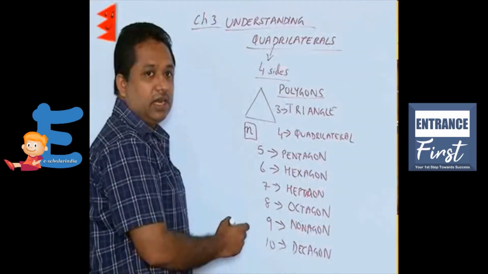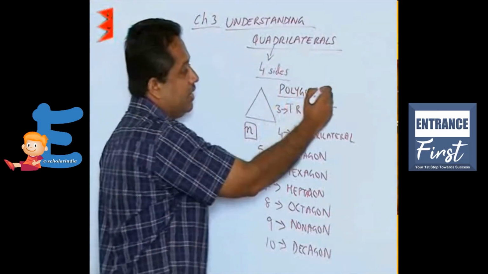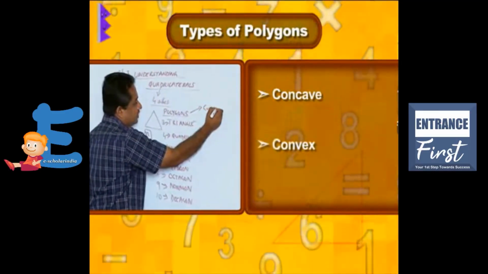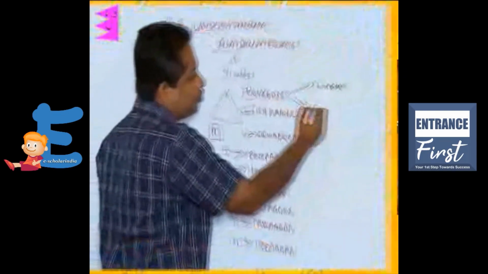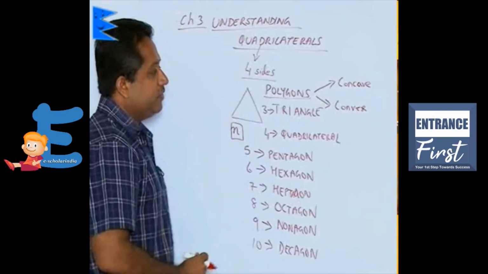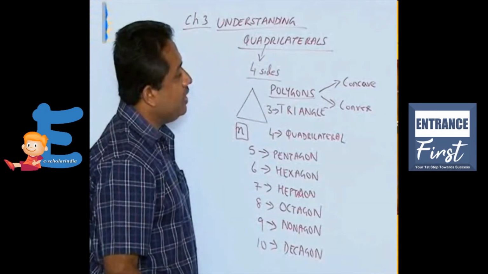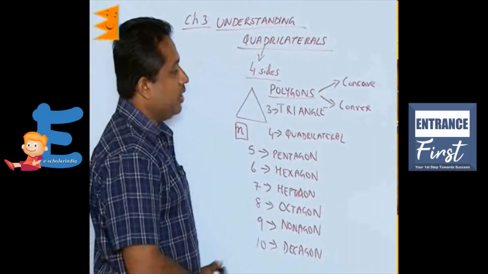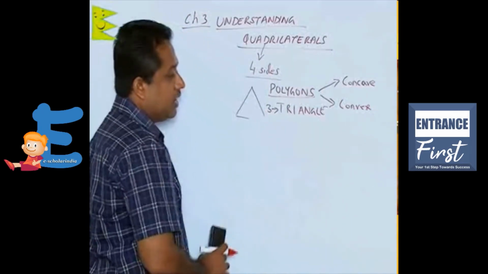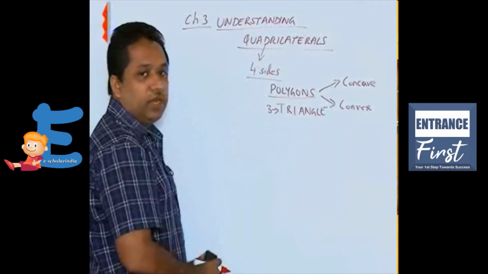Now basically we can classify polygons as either concave or convex. How do we distinguish between concave and convex polygons? The simplest way is by drawing a figure and then constructing the diagonals of the figure.